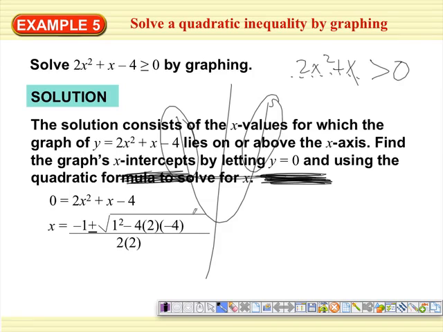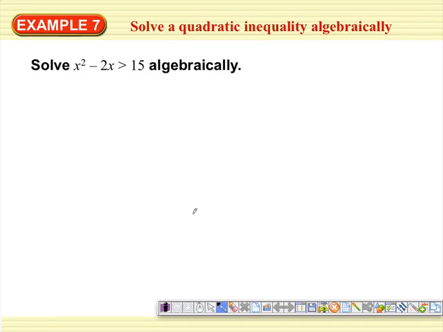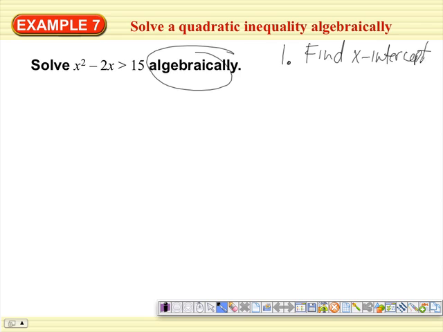The next method is called just algebraically. So I'm going to say this. Solve this algebraically. Same question, different method. Here's the method. Number one, you do the same idea as before. You find your x-intercepts, but make sure they are approximate if need be.